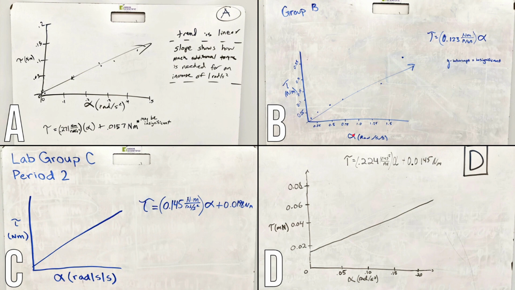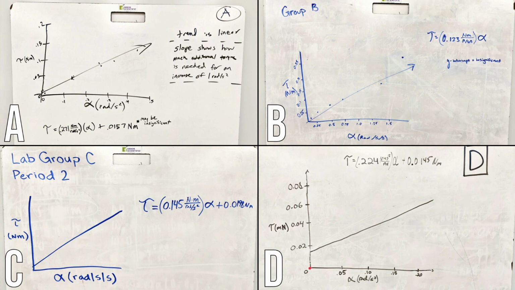Now that's true, but let's think about it a little bit differently. Group D shows a fairly significant y-intercept, and let's try to think through what that would mean if the y-intercept is significant, and then see if that makes sense. So let's not think about an angular acceleration of 0, where it's not spinning and stays not spinning. Let's think about what this graph suggests is true in order to have a very small angular acceleration.